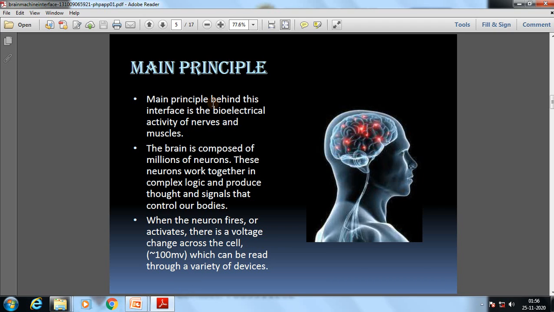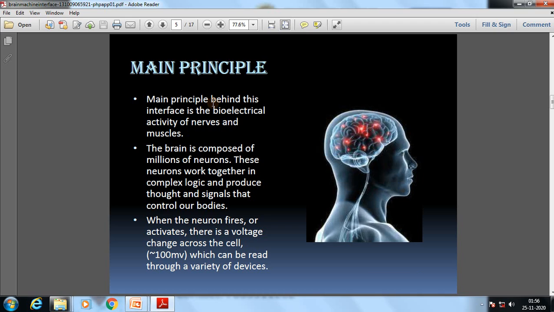The main principle behind this interface is the bioelectrical activity of nerves and muscles. The brain is composed of millions of neurons. These neurons work together in complex logic and produce thought and signals that control our bodies.